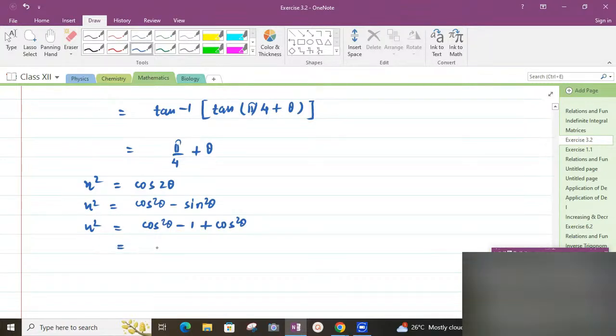So the next step here will be 2 cos square theta minus 1.